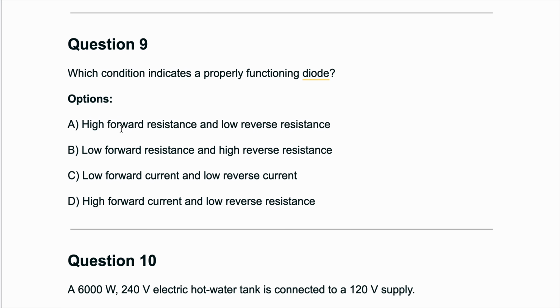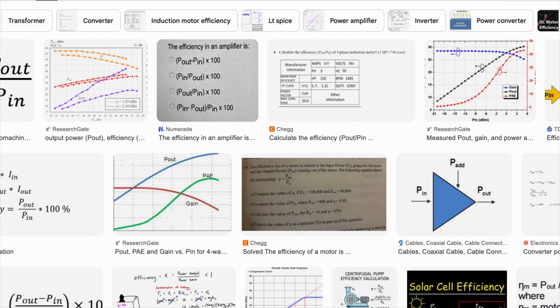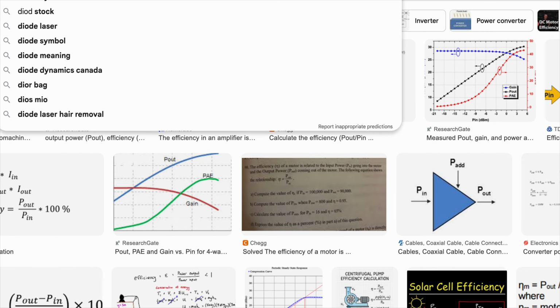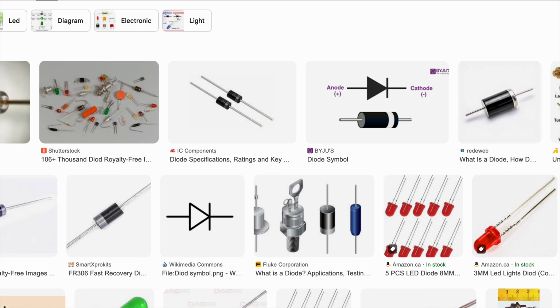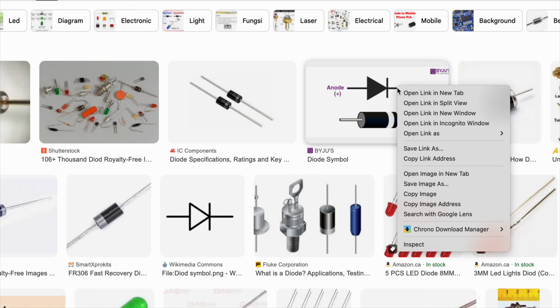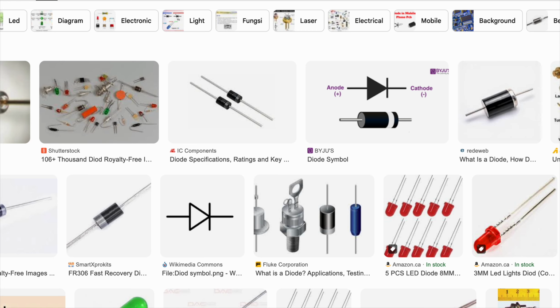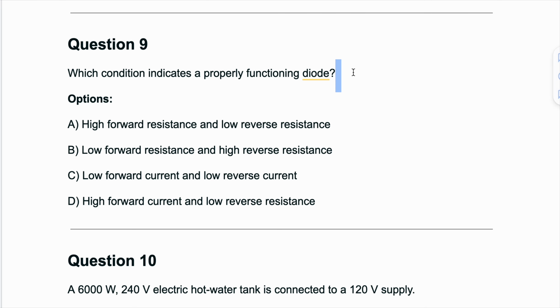Okay, let's go to question 9. Which condition indicates a properly functioning diode? So diodes are electronic components. This is the diode symbol.